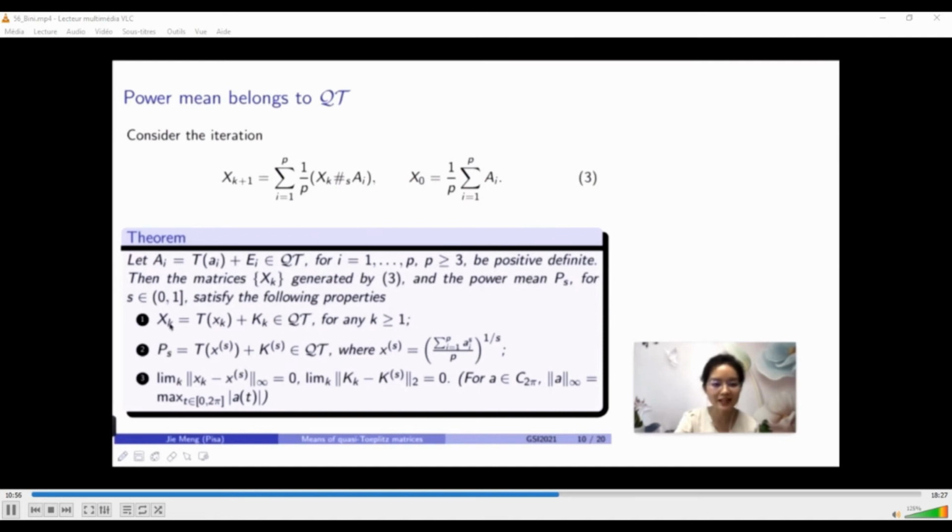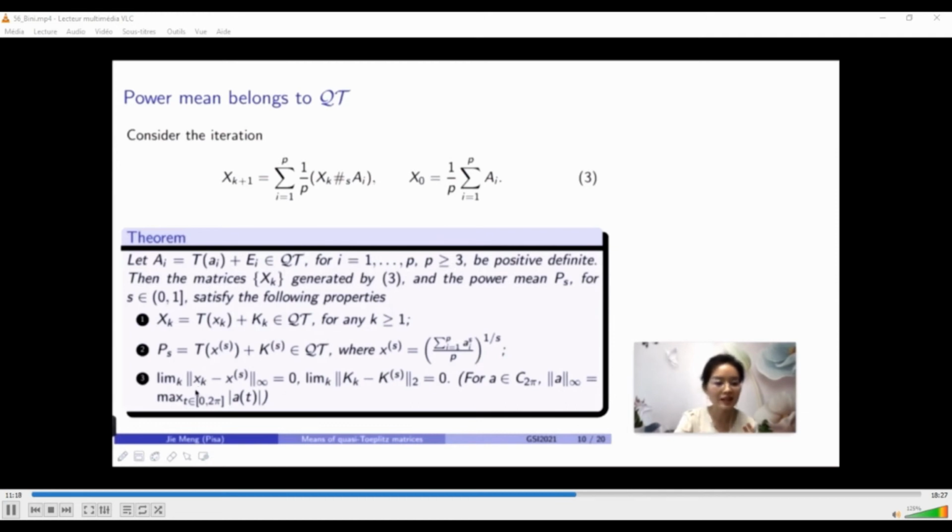For each xk, we have a symbol function, and we show that the sequence of the symbols converges to the symbol of the power mean uniformly, and the sequence of the correction parts converges to the correction part of the power mean in the infinity norm.